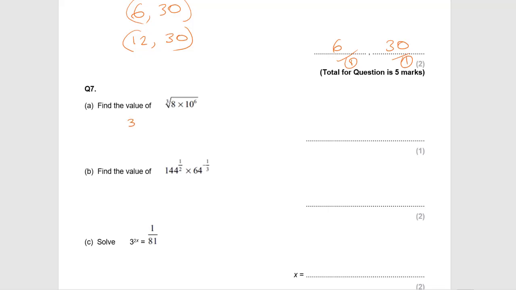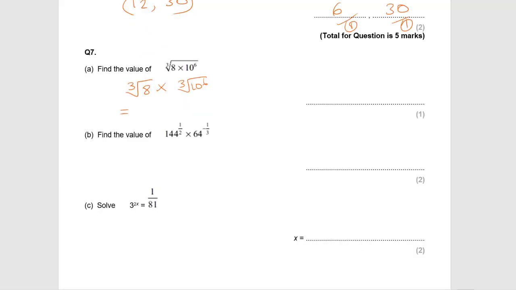So let's separate the cube root of 8 and then the cube root of 10 to the power of 6. So the cube root of 8 is 2, because 2 times 2 times 2 is 8. And for 10 to the power of 6, a cube root as a power, we can write as 1/3.